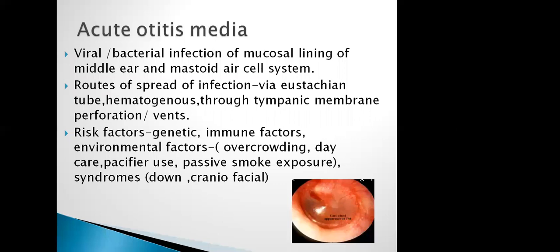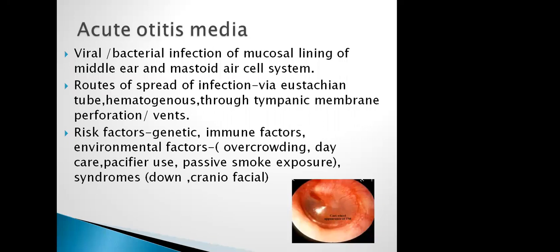The risk factors associated with acute otitis media may be genetic or immune factors, and most importantly environmental factors like poor socioeconomic class leading to overcrowding, and recurrent respiratory infections. All these can predispose to acute otitis media.